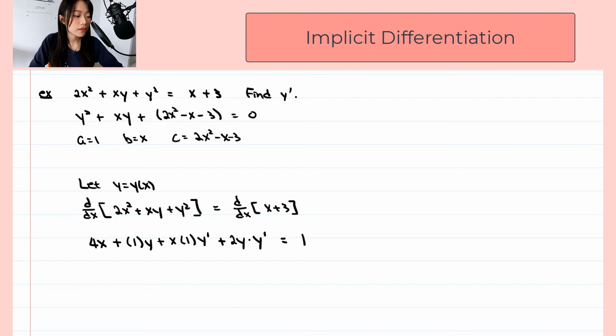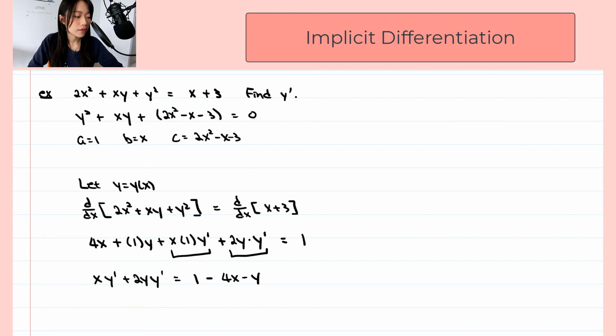So now let's isolate for y prime. The third and fourth terms have y prime, so I will write these on the left-hand side and move the first and second terms to the right-hand side. So x times y prime plus 2y times y prime equals 1 minus 4x minus y.